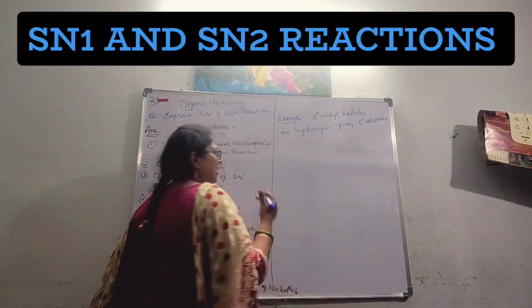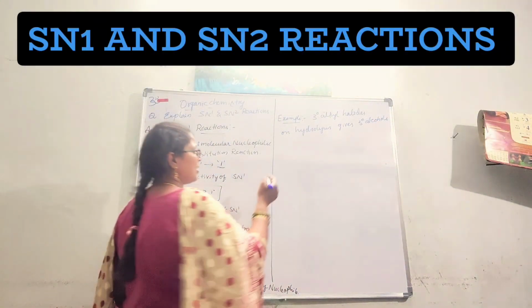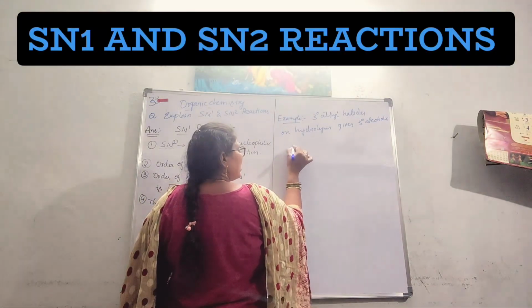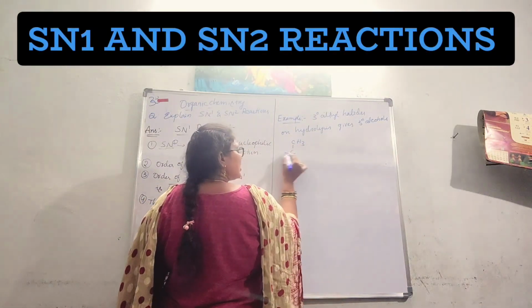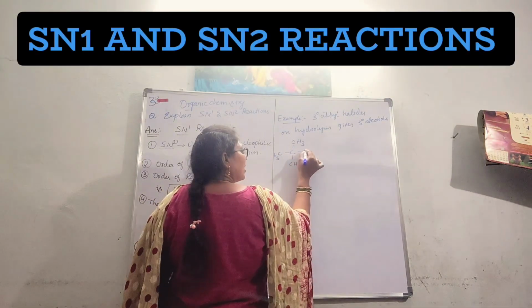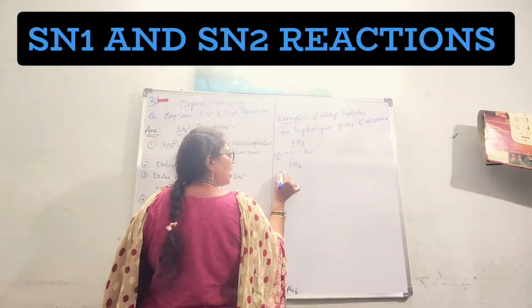For example, I am taking a tertiary alkyl halide, 2-methyl 2-bromopropane, (CH3)3C-Br. This is a tertiary alkyl halide.